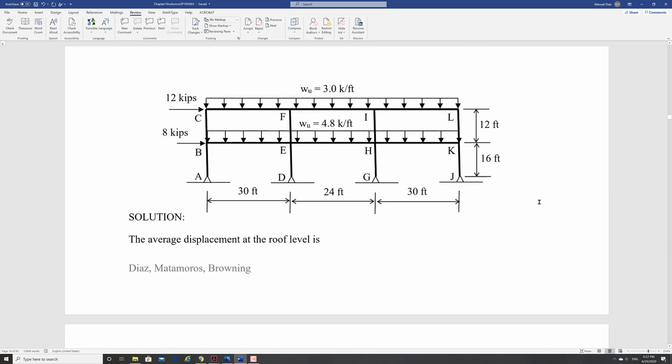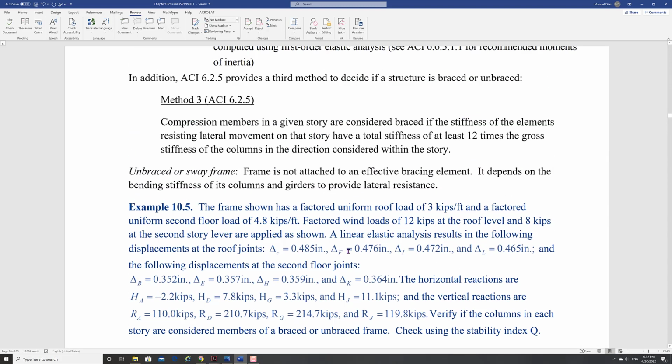Now, because our displacements are not exactly the same, and they are not the same simply because when you use one of these structural software methods, they consider the effect of the axial stiffness, and that will create a little bit of difference in your displacements.